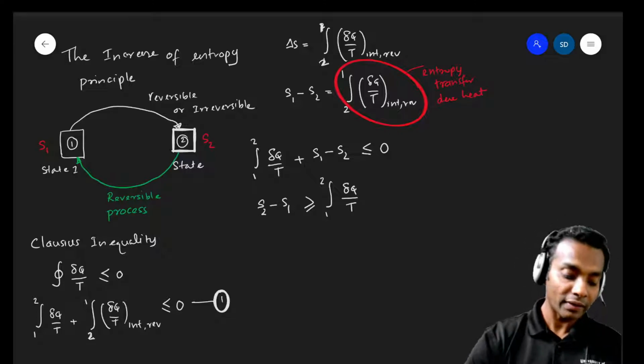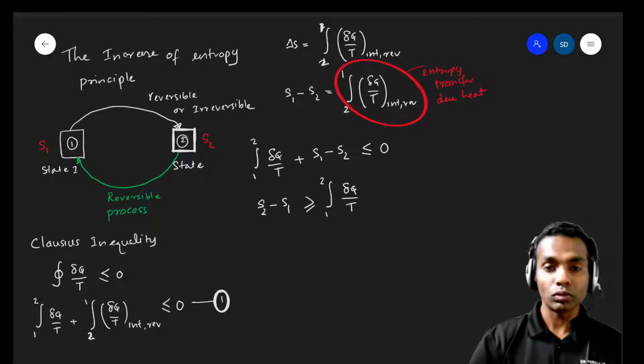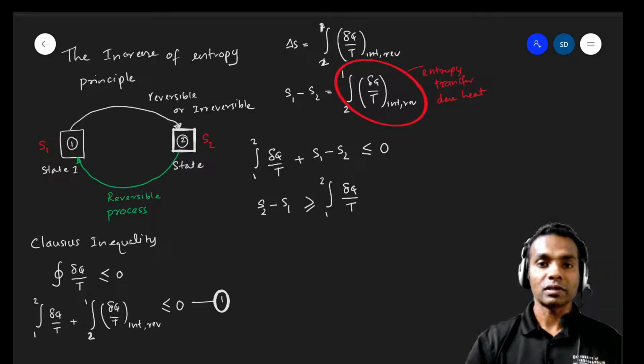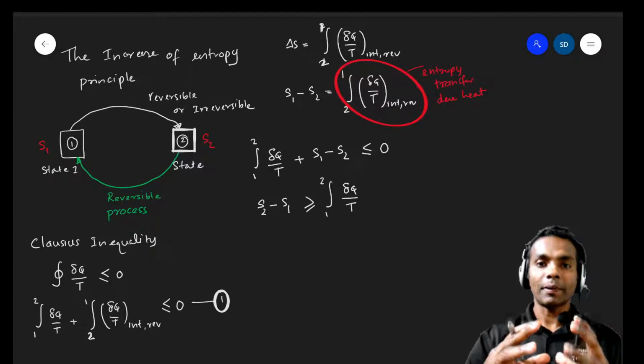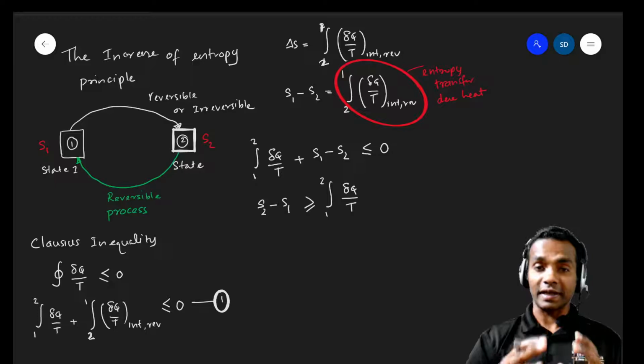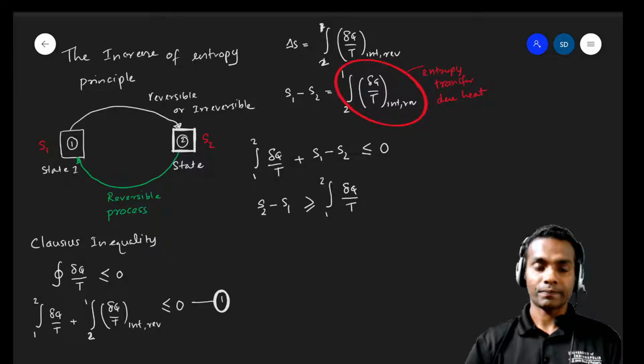So no matter whatever process you take to go from 1 to 2 should give us the same entropy change, either reversible or irreversible, because the properties only depend on the system state. It does not depend on the process that the system takes to change its state.